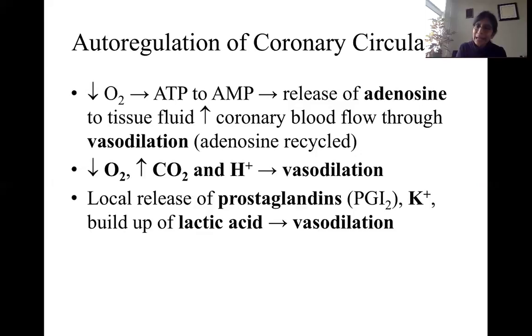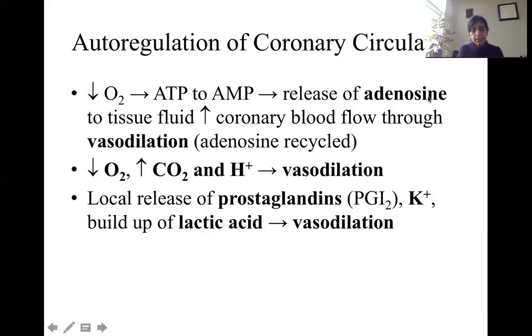If there is less oxygen supply, like the limited blood supply during systole, limited number of capillaries, limited number of anastomosis, any of this leading to less oxygen than normal, what happens is there is a high amount of ATP that is converted into AMP and ultimately to adenosine.